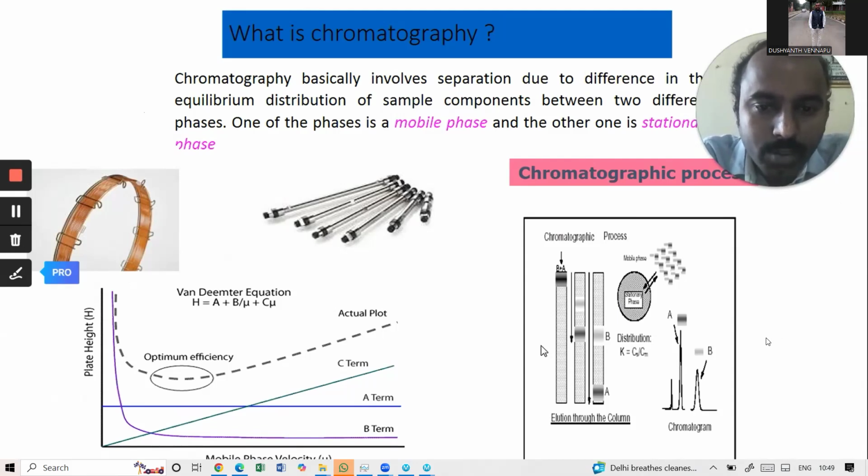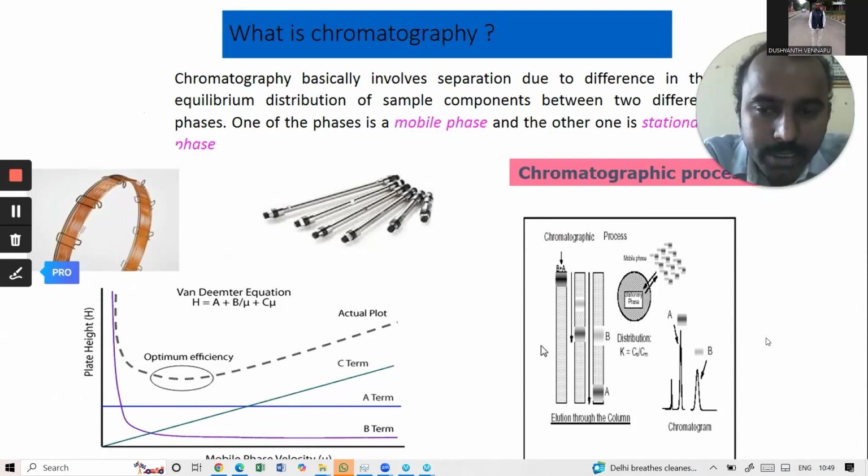Now, the entire chromatography change from the beginning till date is based upon one equation called the Van Deemter equation. It tells you how the decrease in particle size and increase in velocity of the mobile phase help in separation.